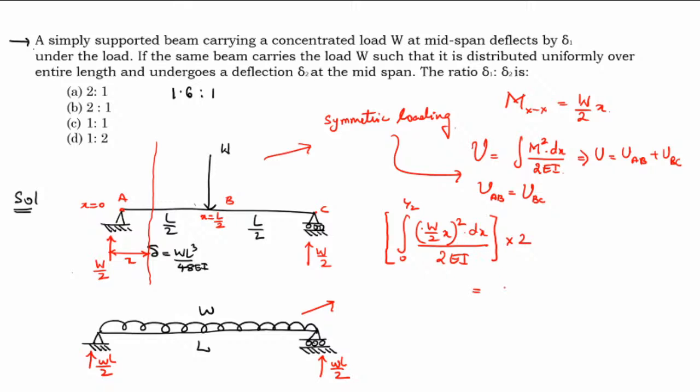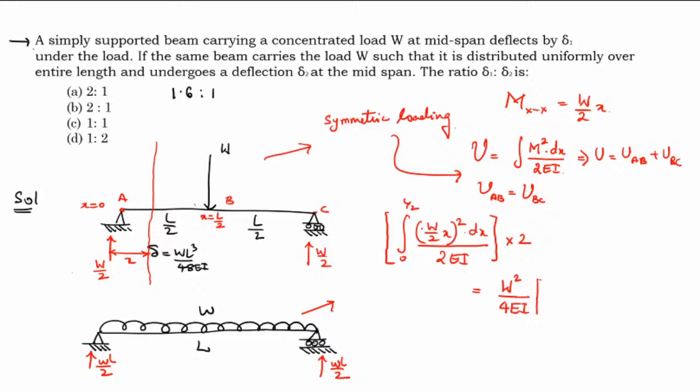Now I can rewrite this: W square by 2 square is 4, 4 times 2 is 8, 1 by 8 times 2 is 4, so W square by 4EI.